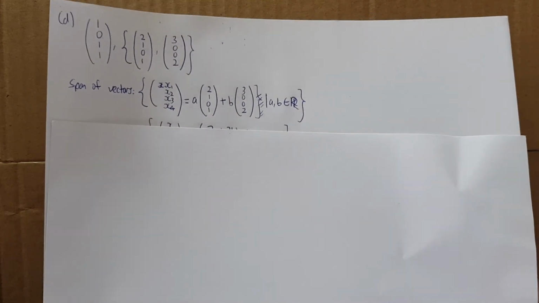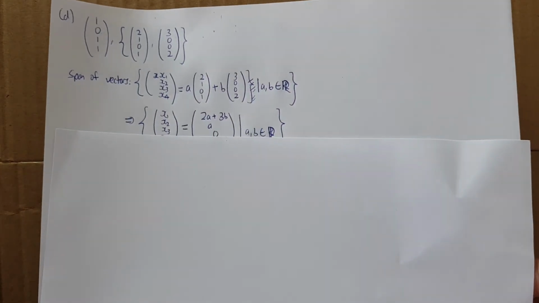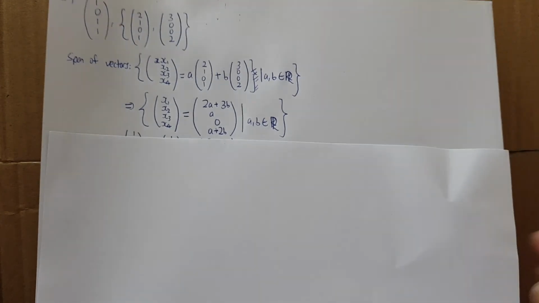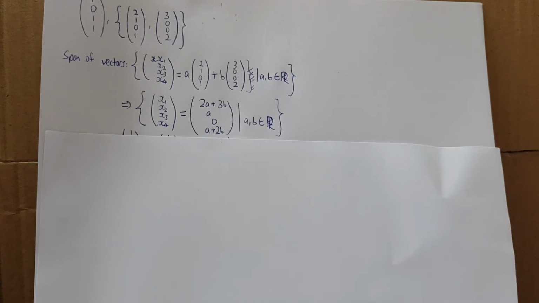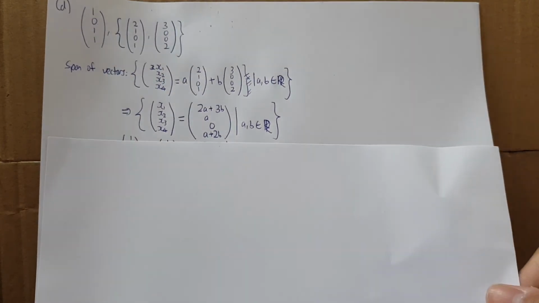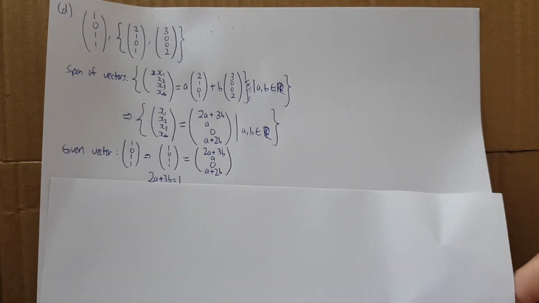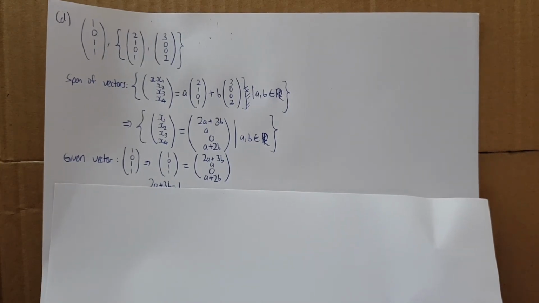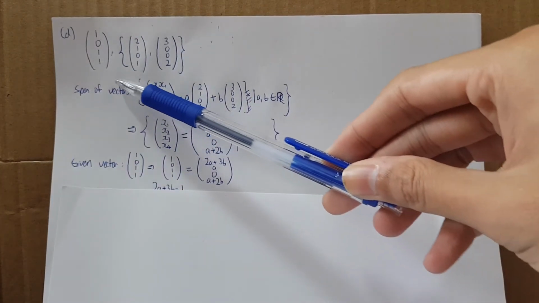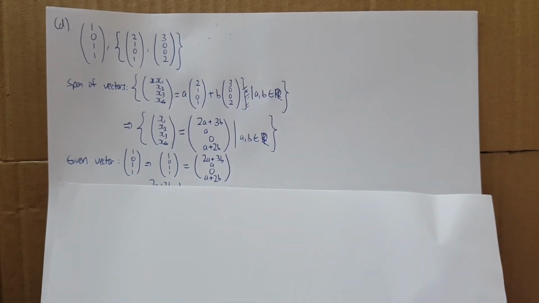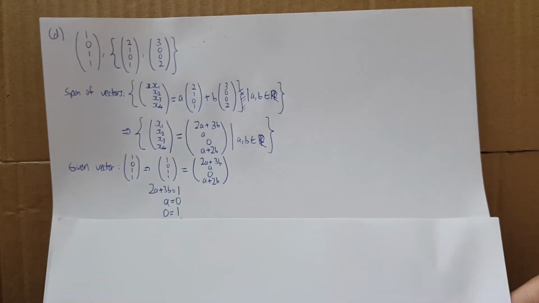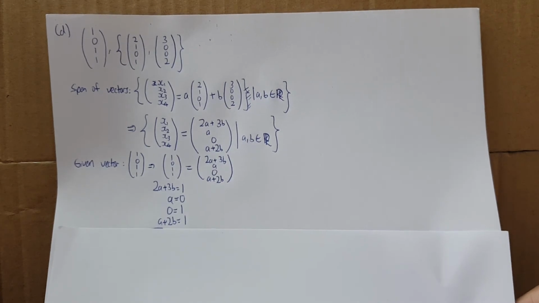Again, we expand our span of vectors first to this form. After that, we plug in our given vector for this one. We plug in and we get this. So we make a system of linear equations. We get it in this form.